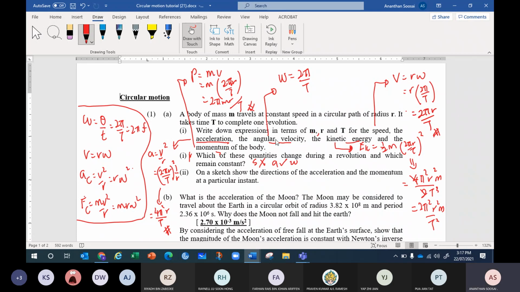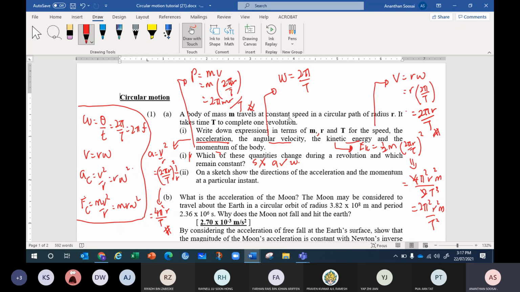Another one, very important: angular velocity changes? Angular velocity, vector or scalar? It's not angular speed, it's angular velocity. Angular velocity is a vector. Angular velocity has two directions, clockwise and anti-clockwise.